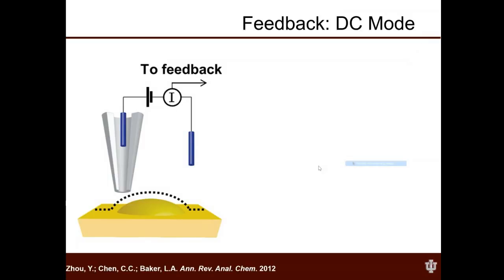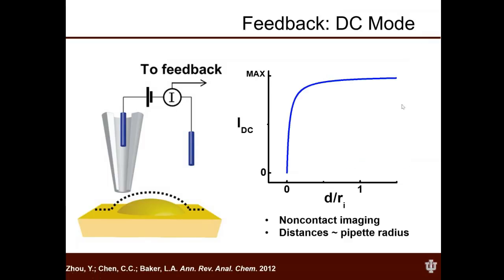We can look at this in a plot a little bit more easily. If we look at the distance between the pipette and the surface, as a function of the pipette radius, relative to the DC ion current that we would measure through the tip.